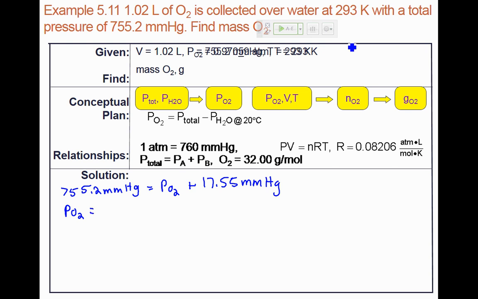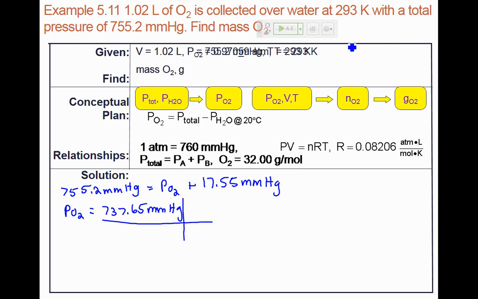Then we have our partial pressure of our O2 gas, which is 737.65 millimeters mercury. And if that number comes out more than your total pressure, you did something wrong, because this is just a partial pressure. Now I do need this in atmospheres, so I can use PV equals nRT.